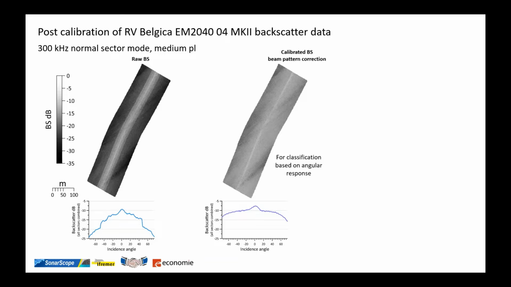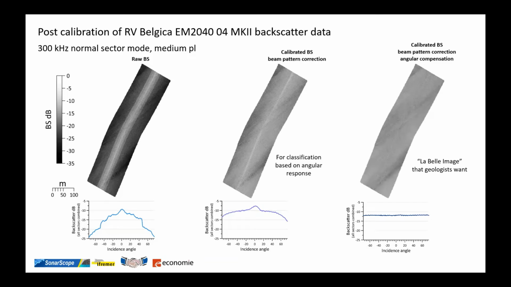But at the end, you remove the angular link and you get la belle image, the image that all the geologists of the world want to see on screen. Without any artifact, subtly you can still see a little bit of the specular, but the image is very good. It's a backscatter that is flat.